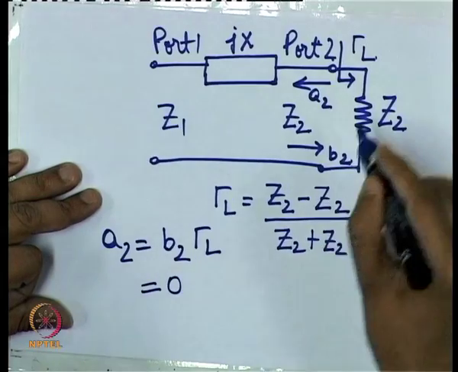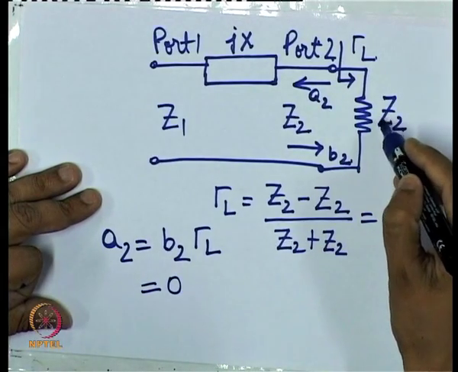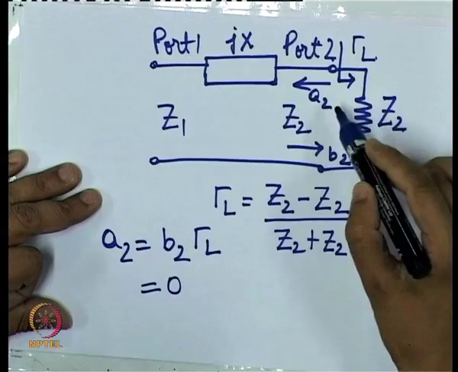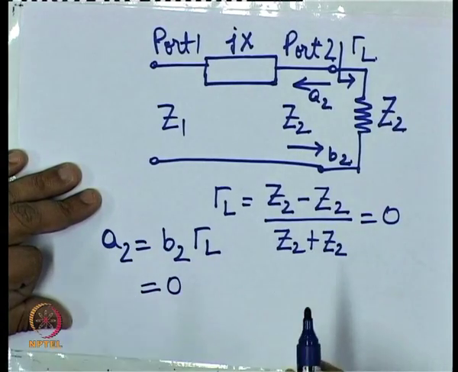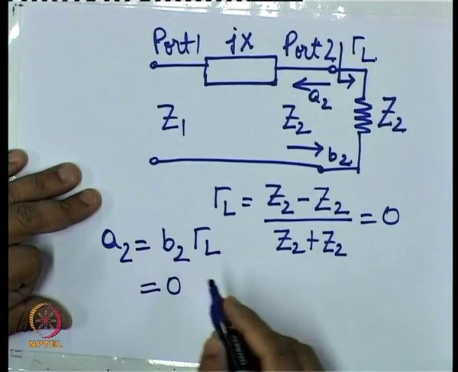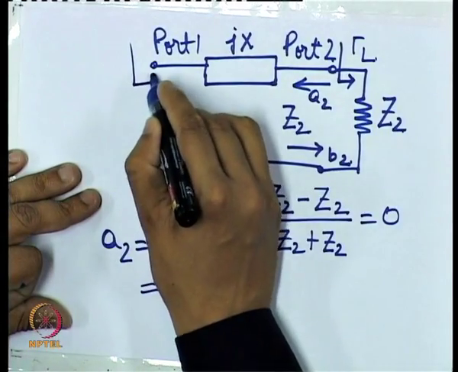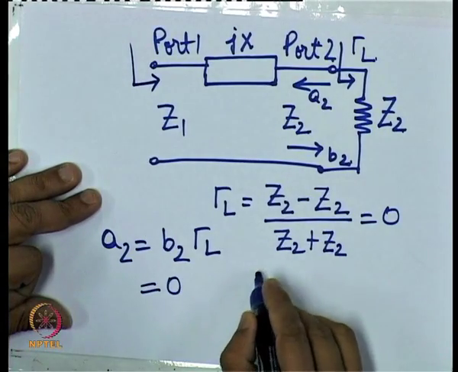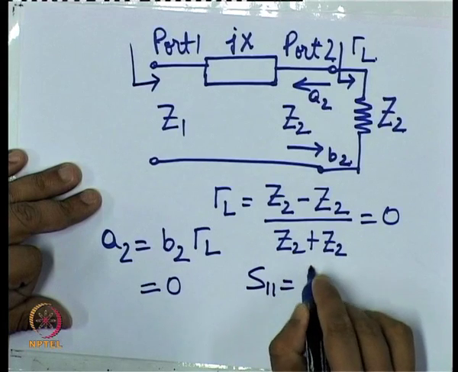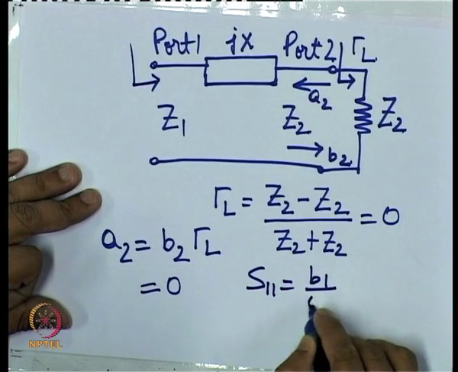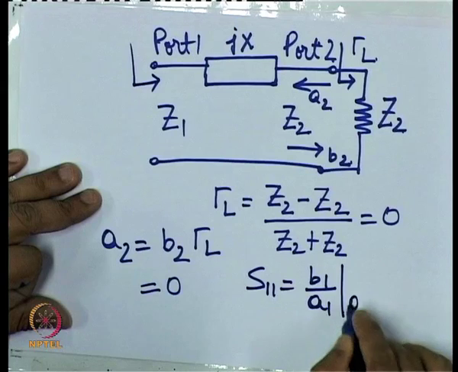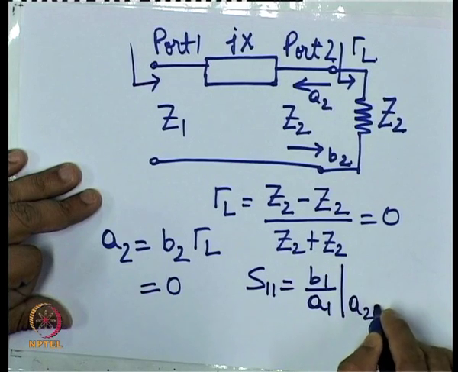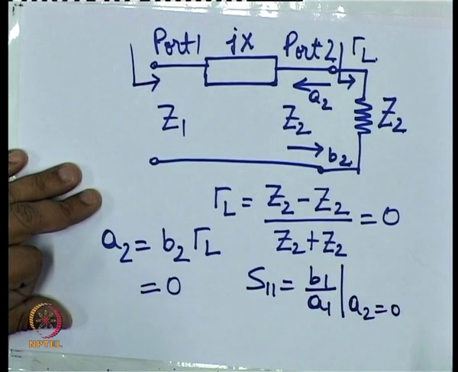So by connecting a matched load Z2 at port 2, we have eliminated A2. Recall that the condition for S11 was S11 equal to B1 upon A1 with A2 equal to 0. So we have done that.